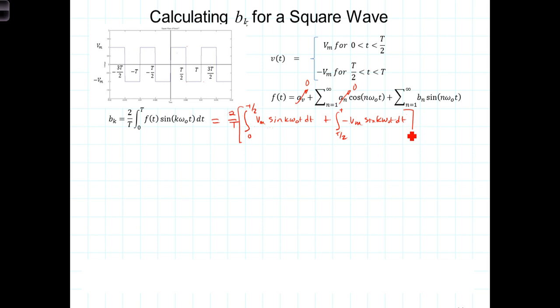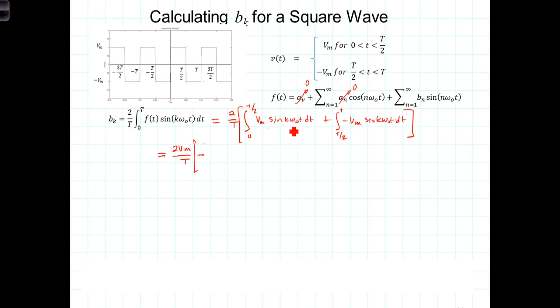Now, let's go ahead and do this integration, realizing that there's a V sub m term on both of them, and let's give ourselves a little bit more room. We'll come over here and we have then 2 times V sub m over T. Now, integrating the sine. The integral of the sine is negative cosine. So I'm going to have a negative.